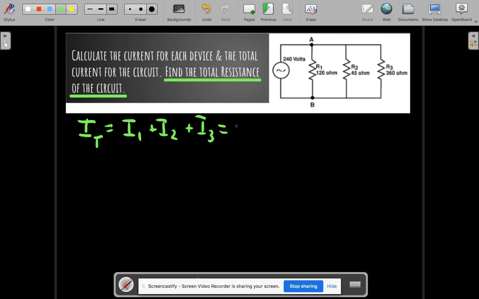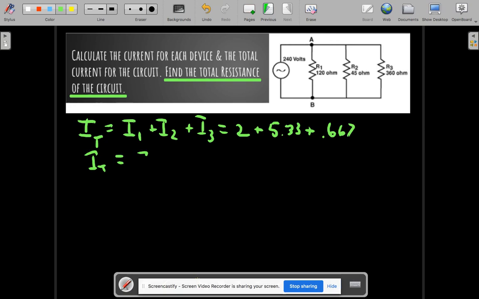So in this case, it was 2 amps plus 5.33 amps plus our last one, which was 0.667.